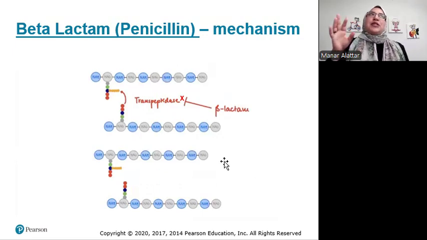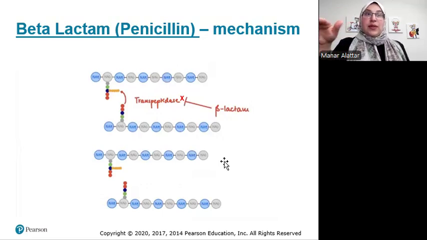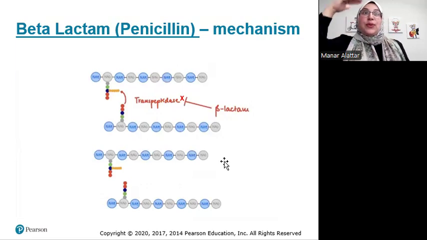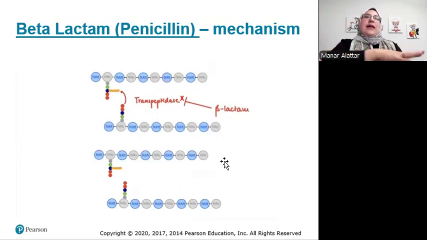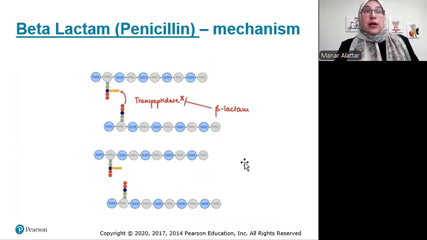What I imagine is kind of like making a layered cake: if the temperature or the composition of the icing or the cream that you use to hold those layers together is wrong, then the cake will just start to slide apart and the layers will not be connected well, and the integrity of that whole cake will fall apart. And that's essentially what happens to cells that are exposed to penicillin. Because this transpeptidase is inhibited, the layers of the cell wall are no longer held together, and the integrity of the whole cellular envelope falls apart.